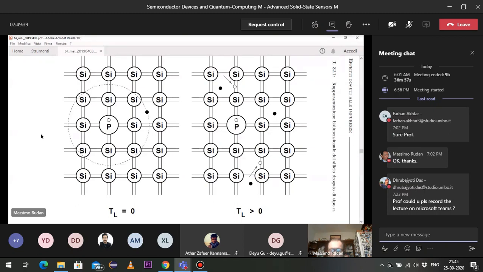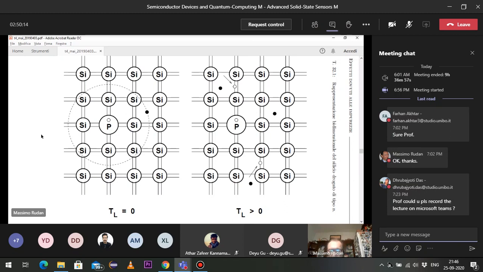But in addition to that, the so-called fifth electron that was originally orbiting around the phosphorus atom will easily find the energy to become free, okay, because it is loosely attached to phosphorus, the bond is not so strong. So it will be easy for the electron that is originally attached to phosphorus to become a free electron.